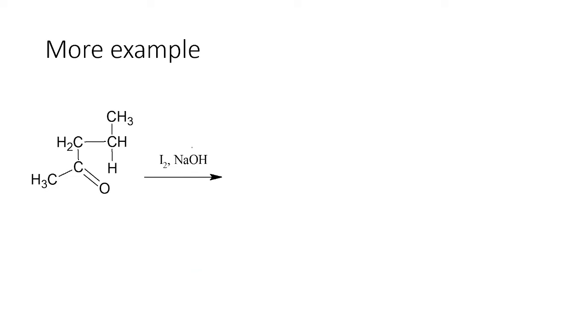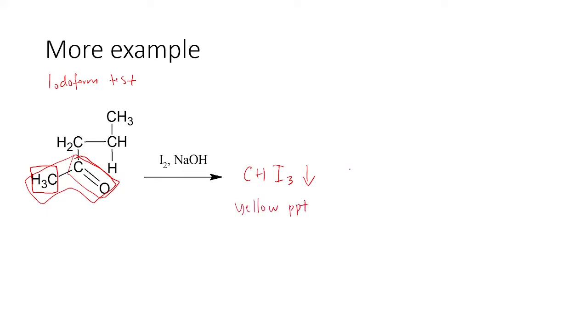Okay, more example. Based on this structure, this is the iodoform test. So methyl is attached to carbonyl. So yes, there is the presence of methyl carbonyl group at this part. So what happened? Of course, the first thing that you get is CHI3. I draw the arrow at the bottom to show that yellow precipitate forms. And you should draw all this structure in the form of carboxylate ion.